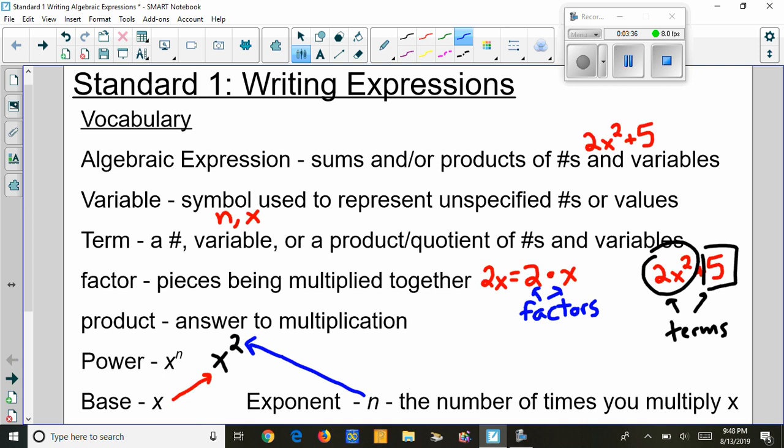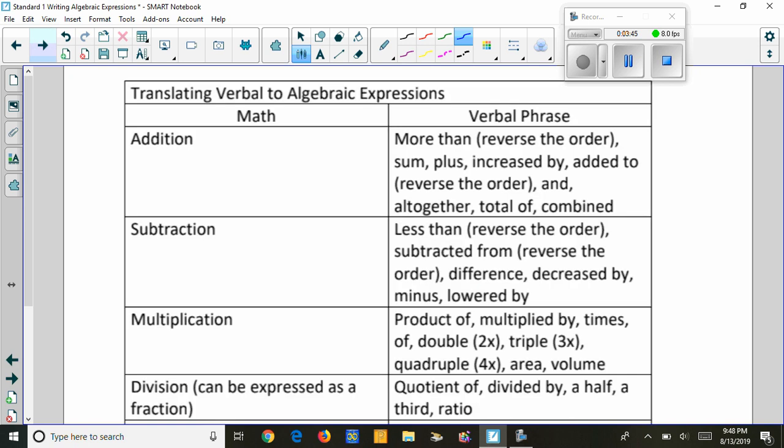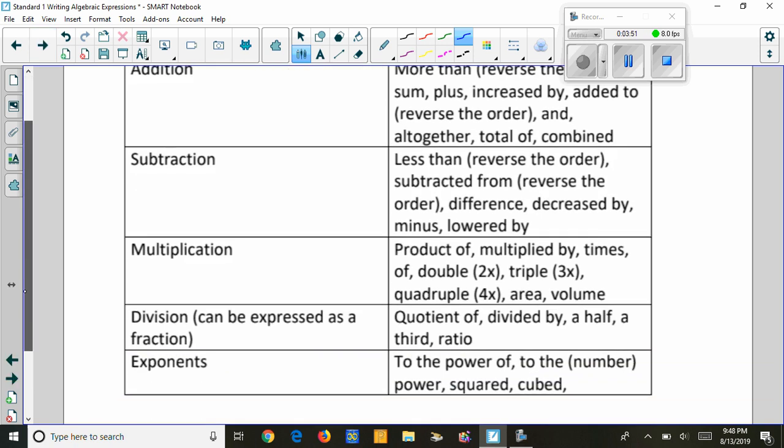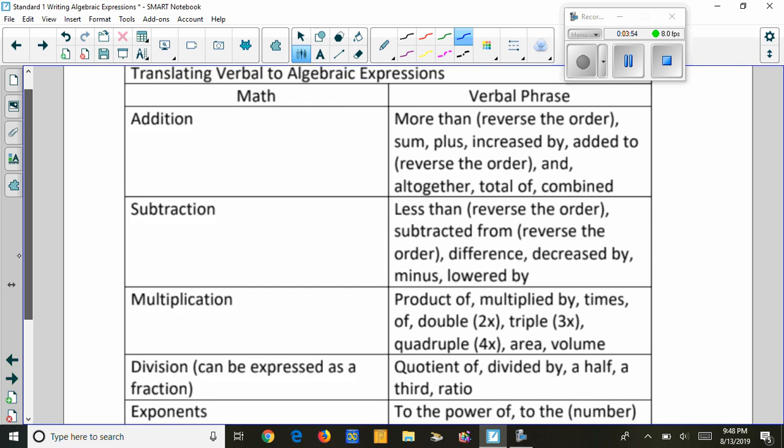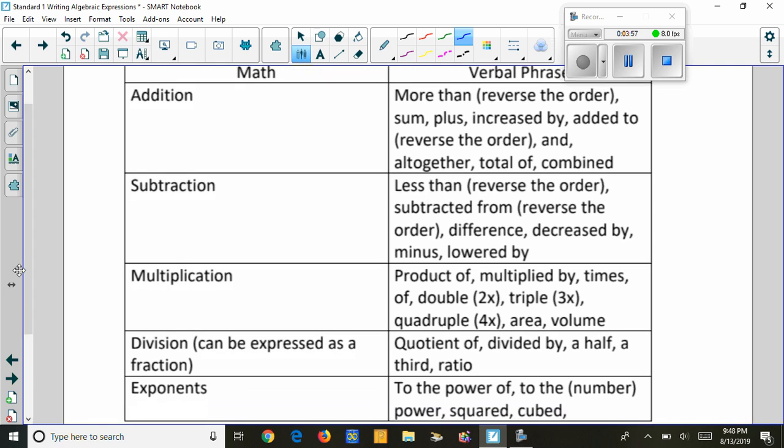Now let's see how we can use this to translate words into math and math into words. Here is a table to help us with knowing the different terms we could use, such as for addition, we know terms like more than, sum, plus, increased by, added to, and, all together, total of, and combined.